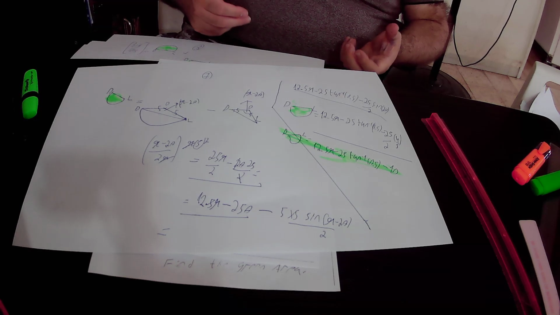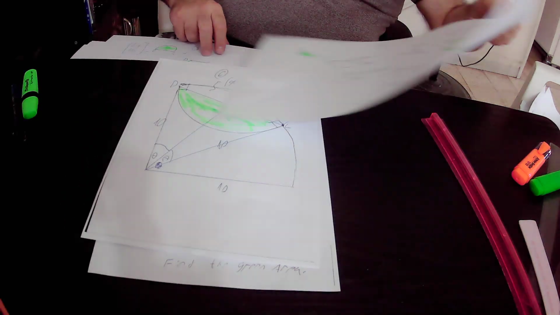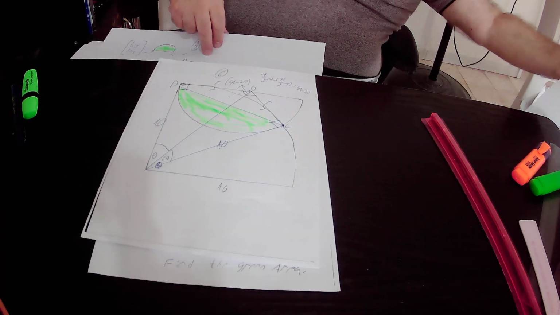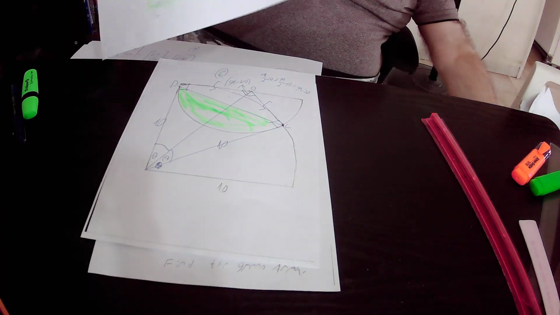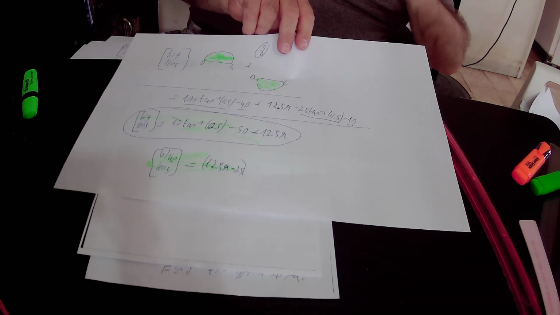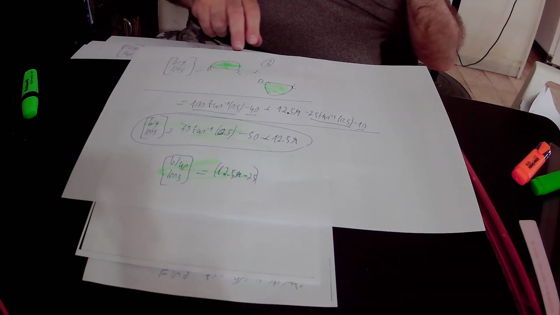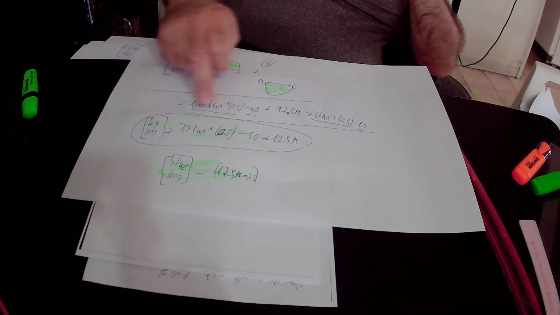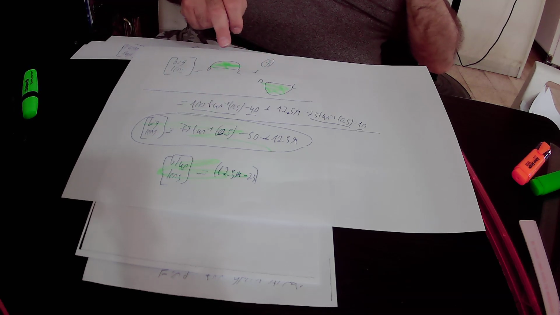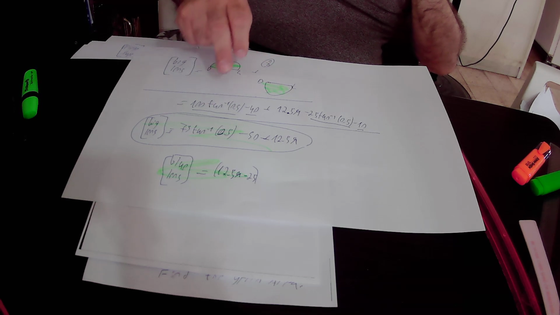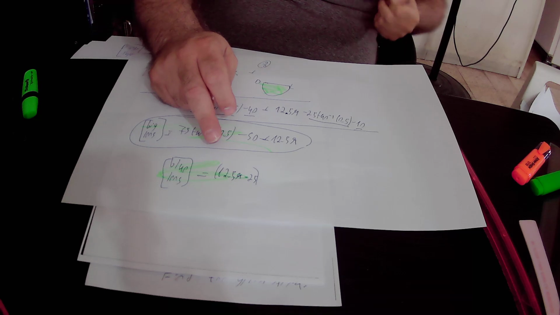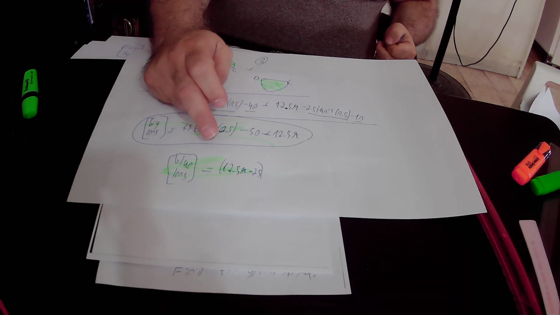Then we added the two areas together, and this gave us the area of the big lens. That is the sum of the areas of the upper circular segment and the lower circular segment. We already found out that the area of the blue lens equals 12.5 pi minus 25.